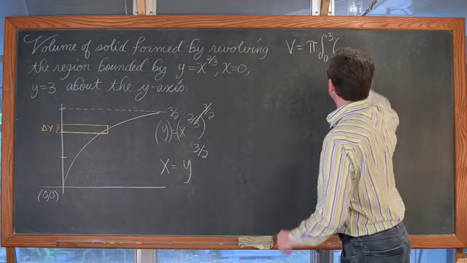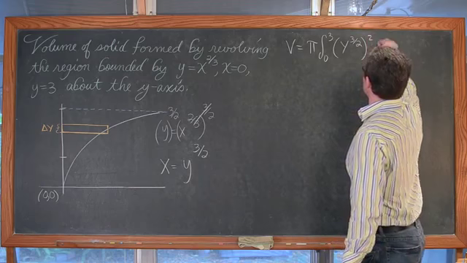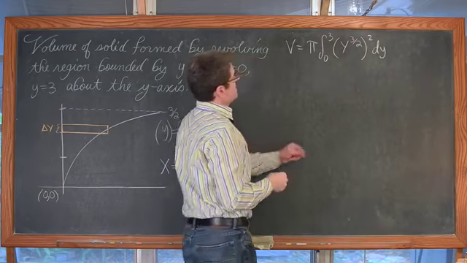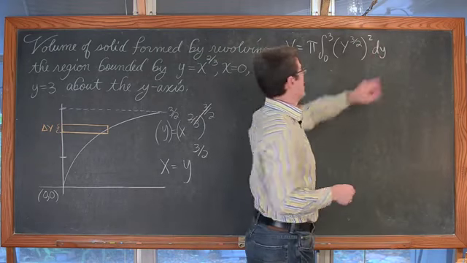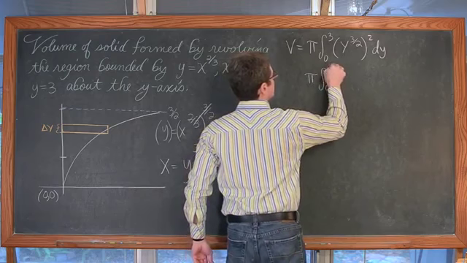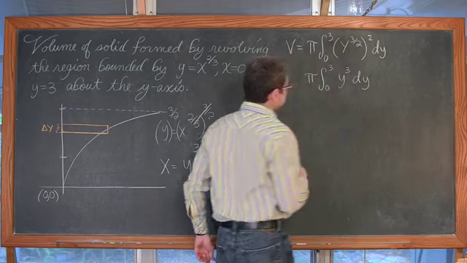So it's simply going to be y to the 3/2 power squared dy. And that means we're going to take y to the 3/2 power and square it. That's going to give us pi times a definite integral from 0 to 3 of y cubed dy.